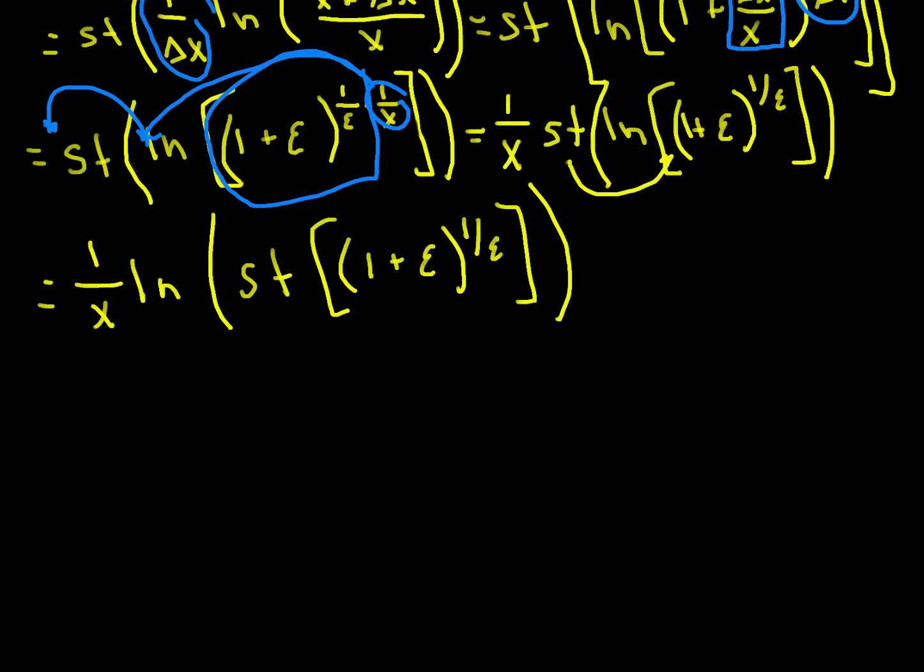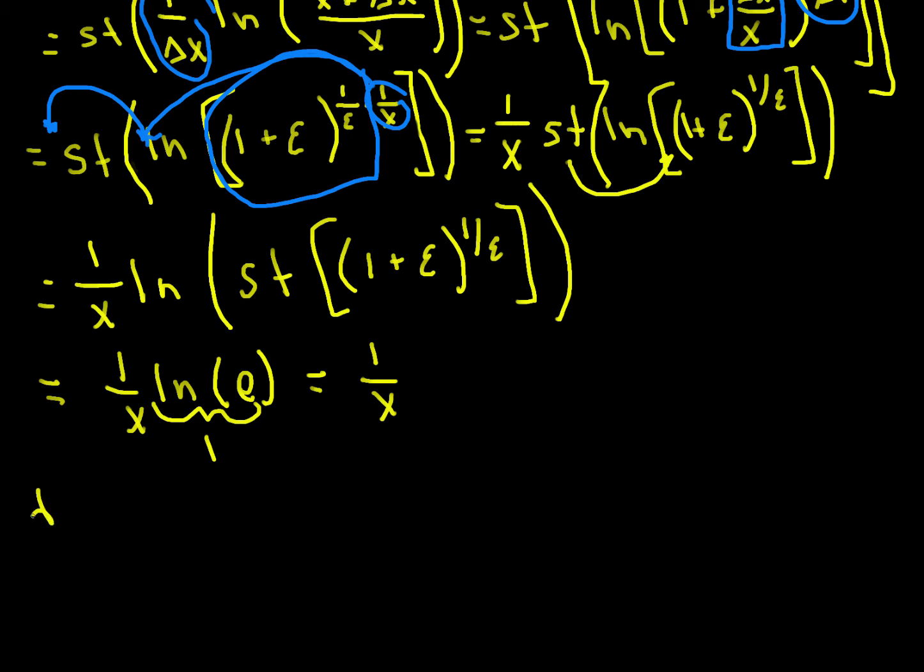Which means coming down here, this is equal to 1 over x times the natural log of e, and e to what power equals e? Well, this is 1. The natural log of e is 1. And so this is 1 over x. Okay, a lot of stuff just happened, so let me recap.